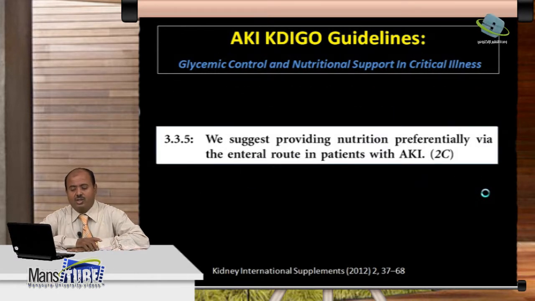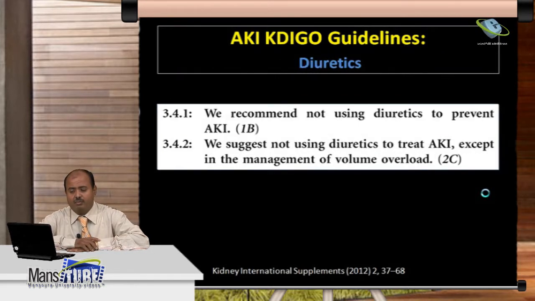They also suggest providing nutrition preferentially via the enteral route, so oral intake of diets is superior to parenteral diet. Regarding diuretics, they recommended not using diuretics to prevent acute kidney injury, and only suggested using diuretics to treat volume overload when it is necessary.